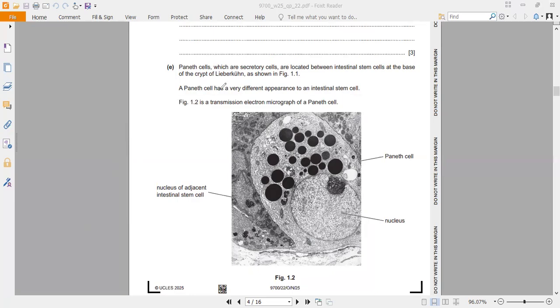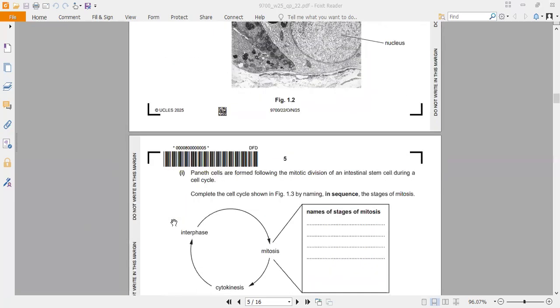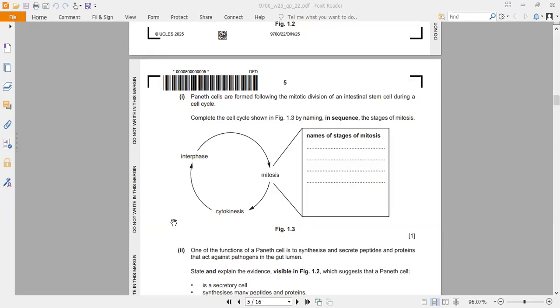Now, moving towards the next question, part 1 of this. Paneth cells are formed following the mitotic division of an intestinal stem cell during a cell cycle. So complete the cell cycle. You can see the interphase, cytokinesis, and mitosis. After interphase, mitosis leads to cytokinesis, in which the division of cytoplasm takes place, and then interphase occurs. So we have to write the names of the stages of mitosis.